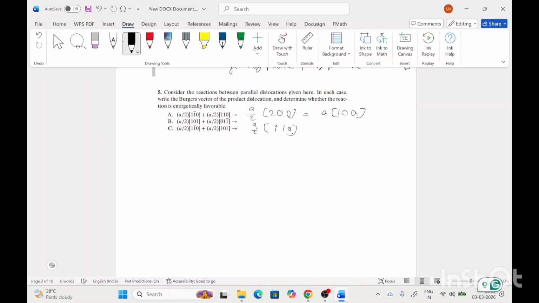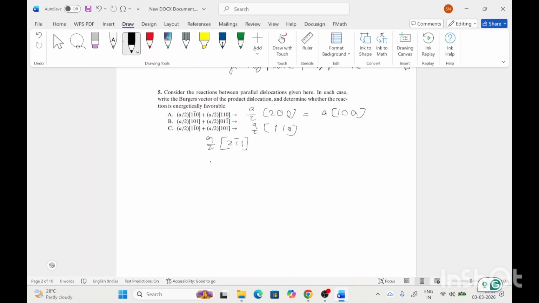So a/2 [1 1 0] is the Burgers vector for B. For C, this will be a/2 [1 2 -1 0 -1 1], so this is the product dislocation Burgers vector for the C reaction.